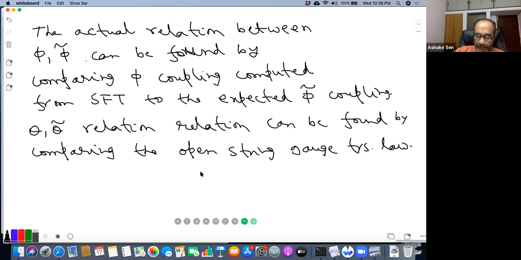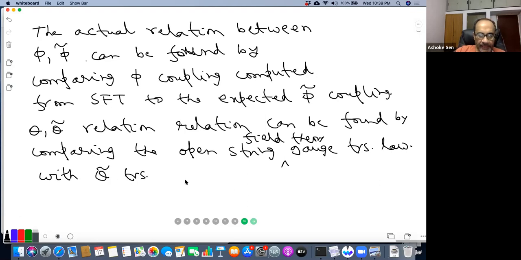You cannot just work with the linearized gauge transformation, but you know what the nonlinear transformations are in open string field theory. Open string field theory gauge transformation laws with theta tilde transformation.